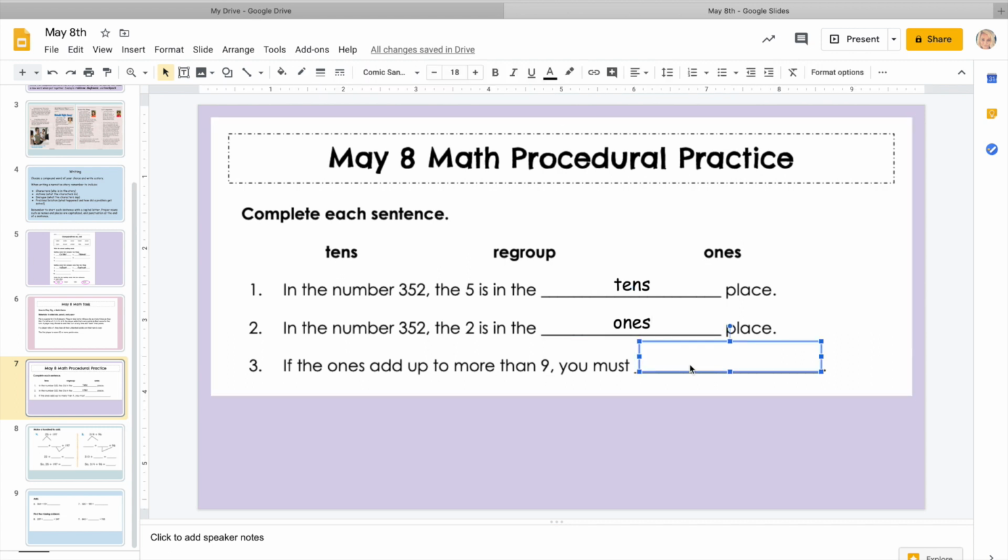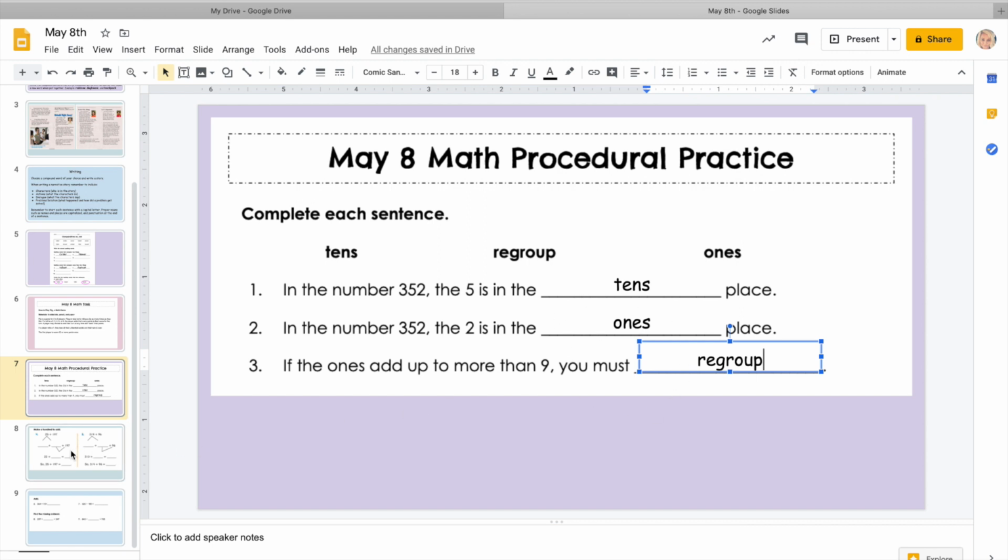Remember, when we are adding, if a certain place value column adds up to 9 or more, we have to regroup, right? We're trading out those ones for another 10, or a 10 for 100. Okay, so that's what that should look like.